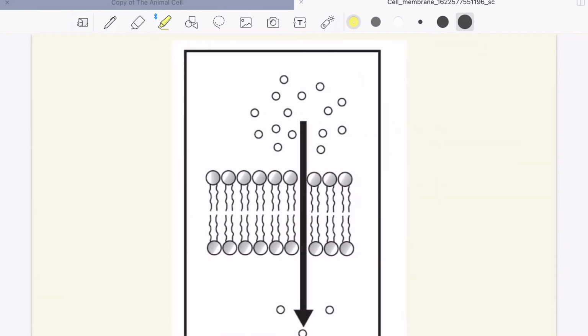Okay, so let's take a look at a Regents depiction of this. First of all, let's break down what we're looking at. We have here something. What is this? This is the cell membrane.